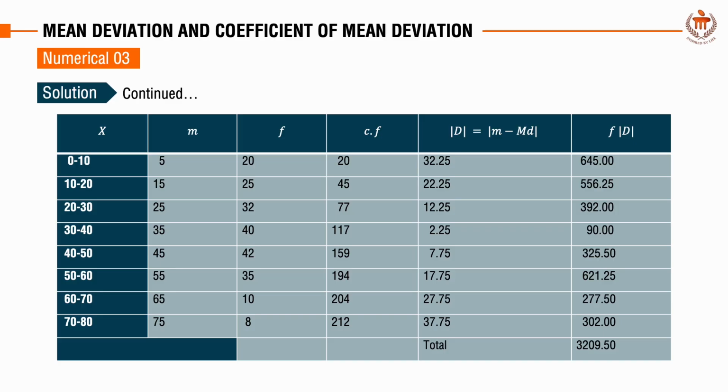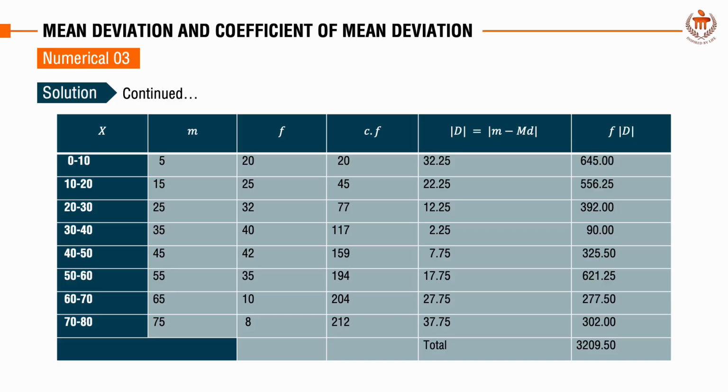Modulus means ignore the sign. 15 minus 37.25, you'll get 22.25. 25 minus 37.25, you get 12.25. Similarly, 35 minus 37.25, you will get 2.25. 45 minus 37.25. Like this, you have to do for each case.